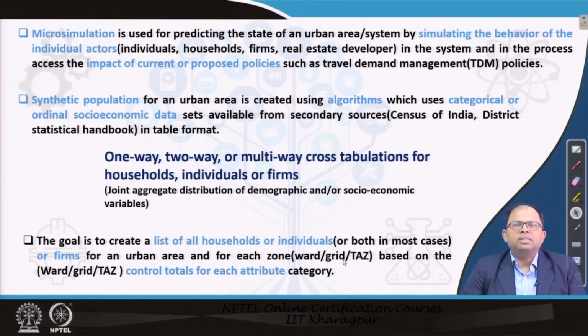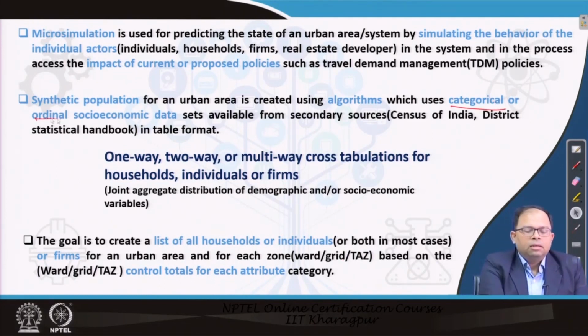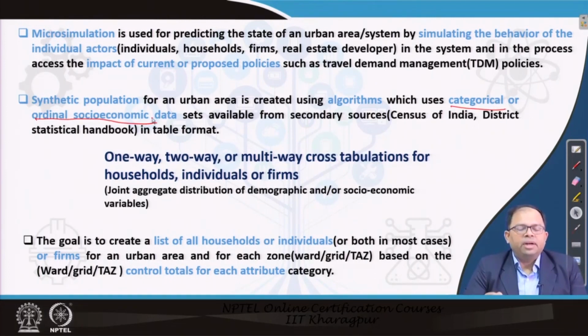That means, in the previous slide we discussed that we need different categories of data, for example different household types and households with different car ownerships and all. So, this kind of tables are available from Census of India data. This is used to create the synthetic population, and using these tables we can create different cross tabulation tables.